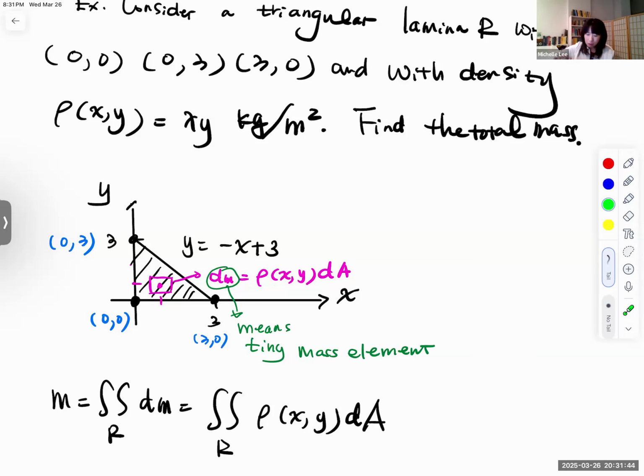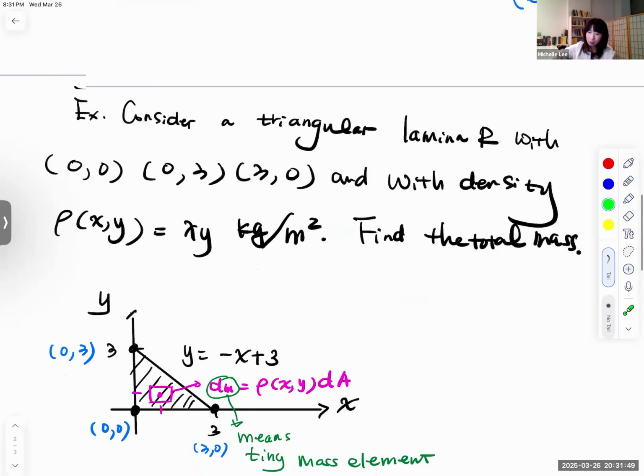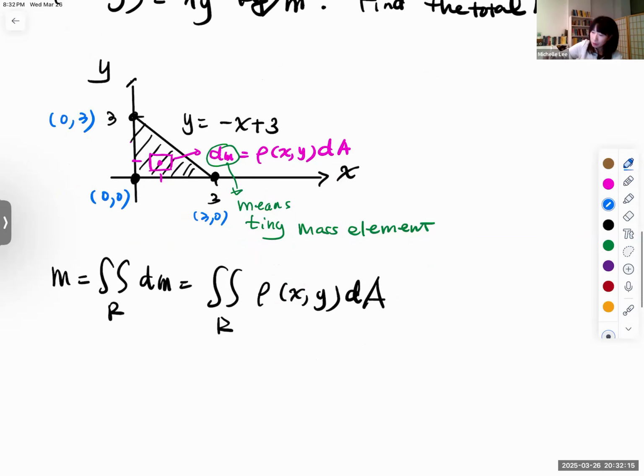Now this formula we got from above. Since we have y equal to negative x plus 3, we want to integrate with respect to y first, and then x is a number, so it's better. We get the mass as a number, right?